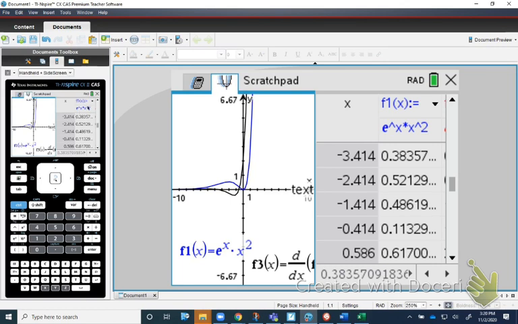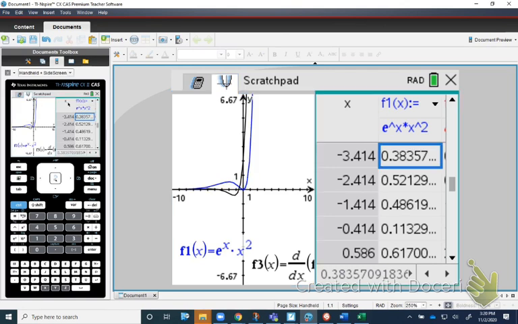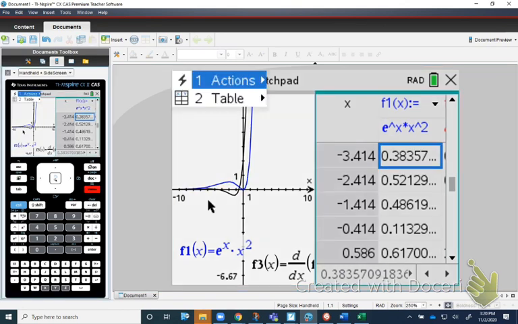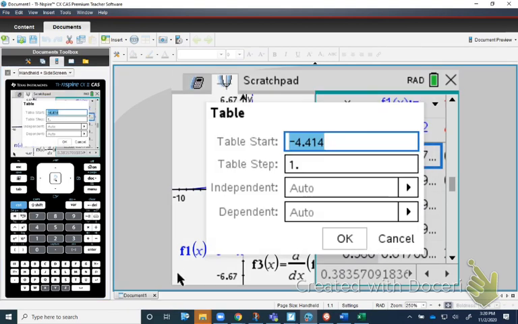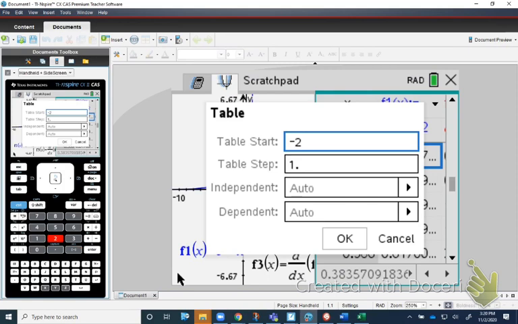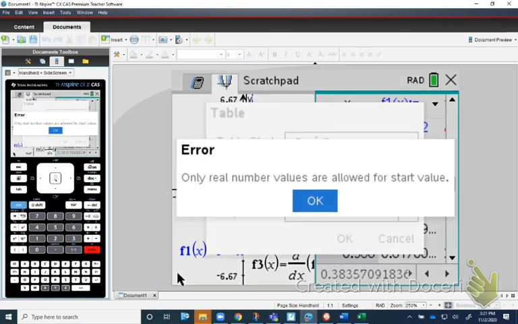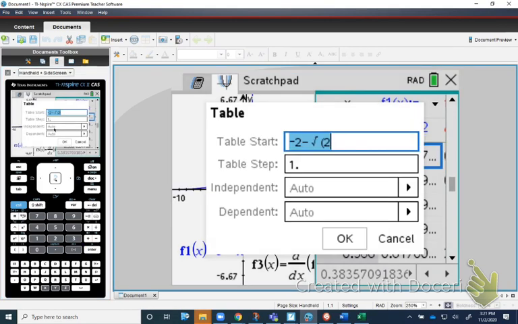Let me see if I can type that in a little bit more clearly now that I'm thinking about it. Let me try going to the table, and let's try -2 minus the square root of 2. Oh, how am I getting a non-real number here? Hold on a second, let me play around with it again.